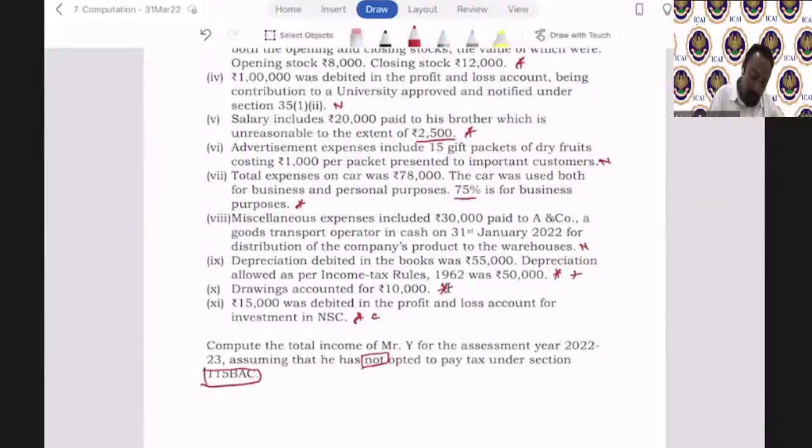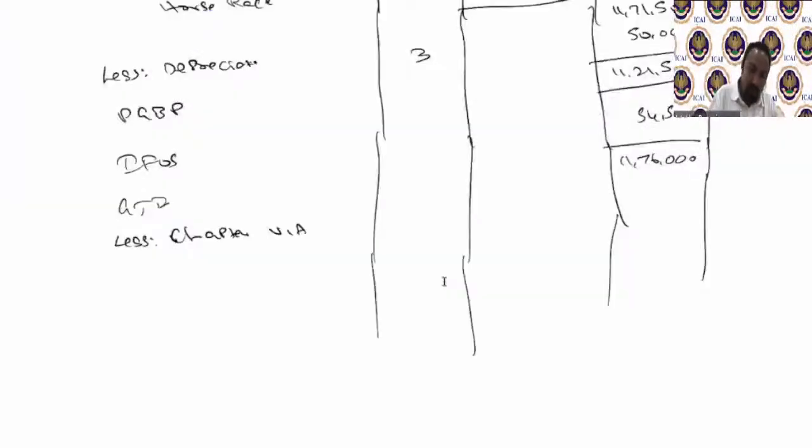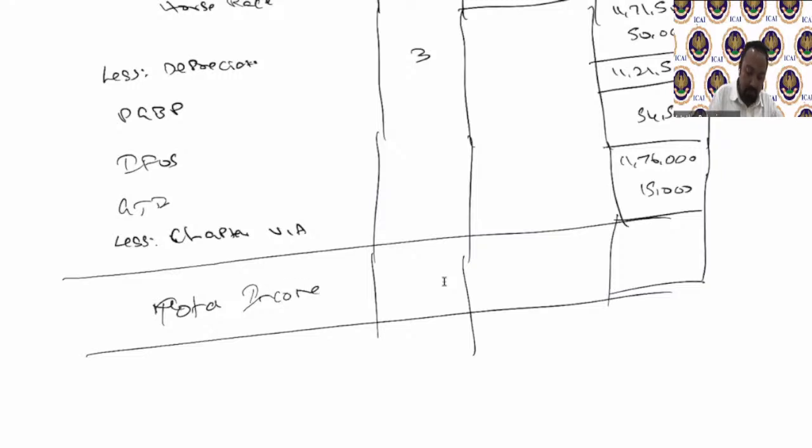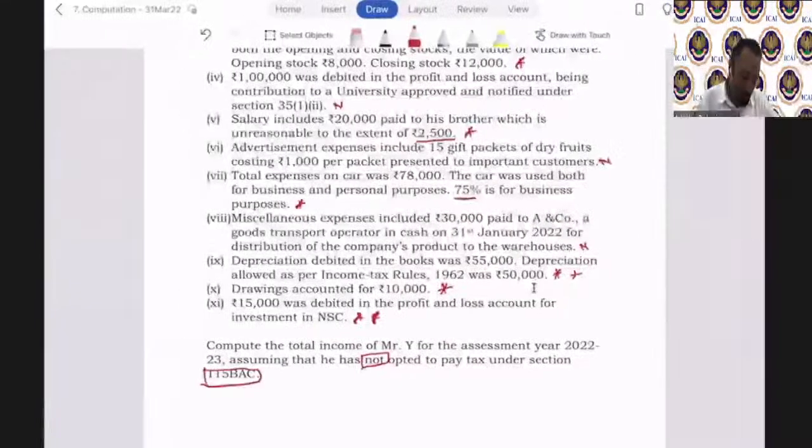So this is also done. ATC, that is 15,000. So you provide this 15,000. So your net total income is 11,61,000, right? So that is what the question says.